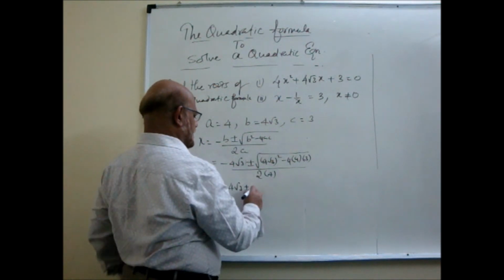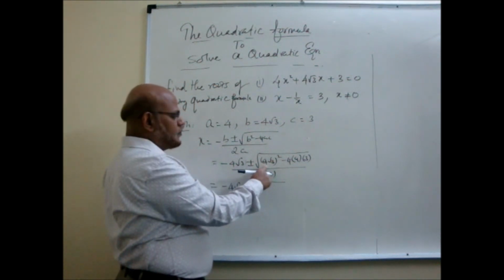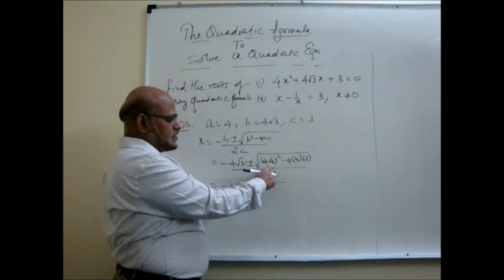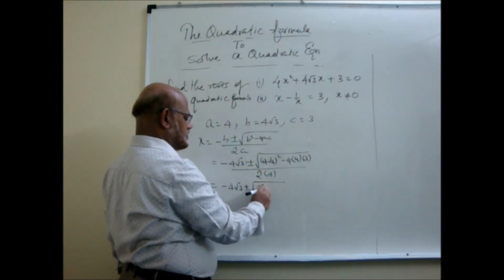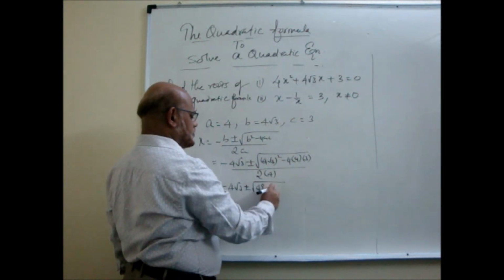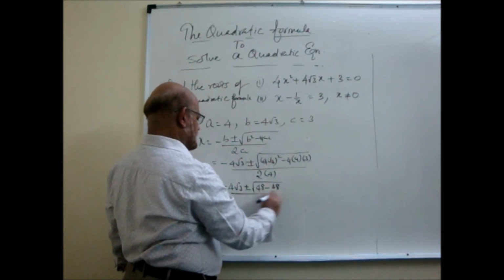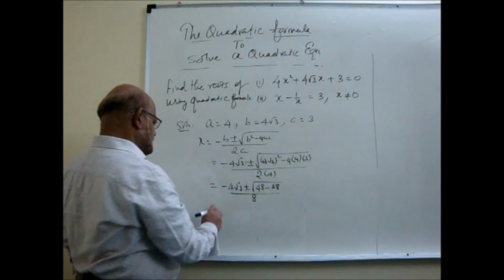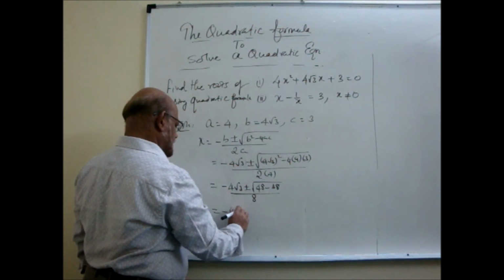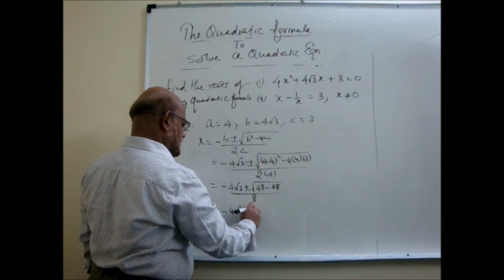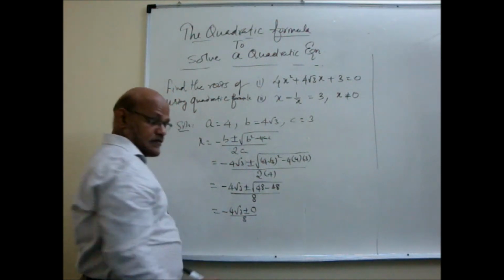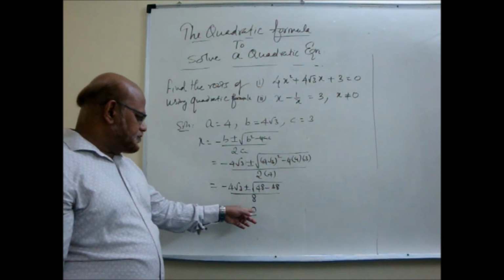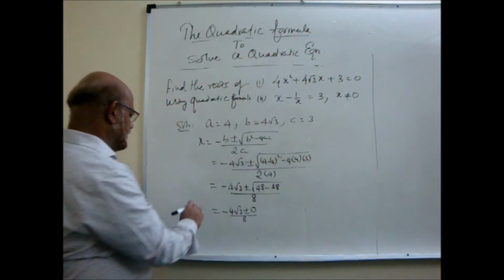Minus 4 root 3 plus or minus. So check what is happening here. This becomes 4 square into 3, 16 threes is 48. This is also 48. So this part becomes 0. So minus 4 root 3 plus or minus 0 by 8. Plus 0 or minus 0 does not make a difference.